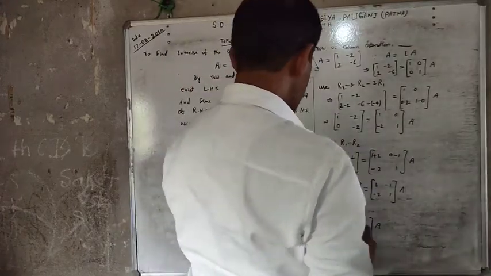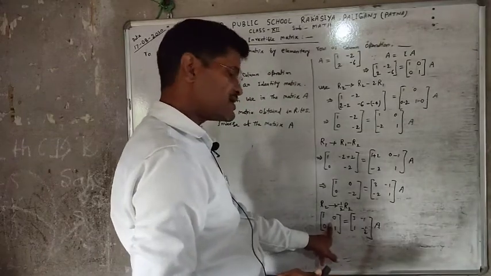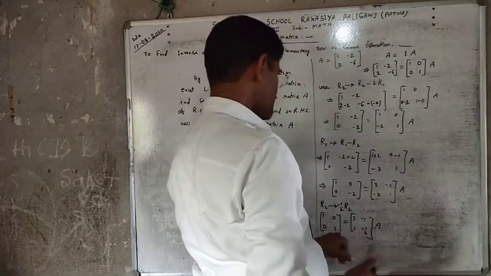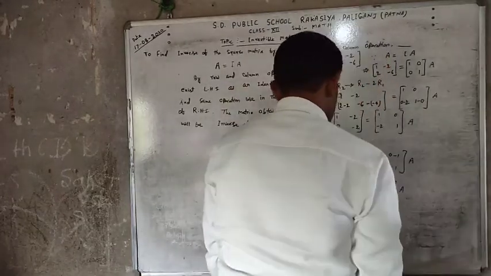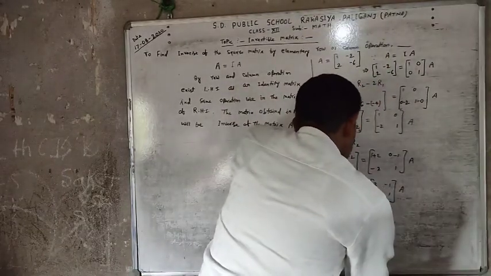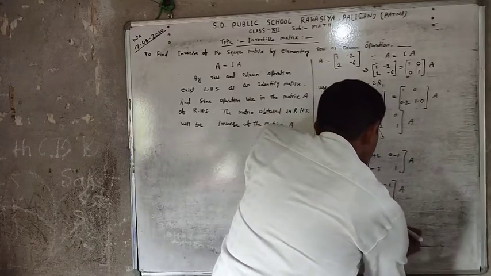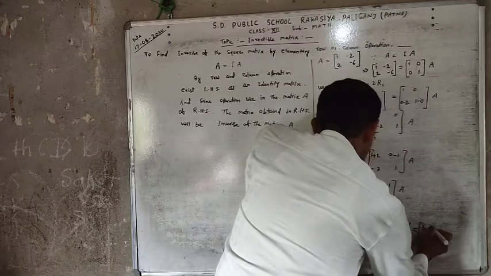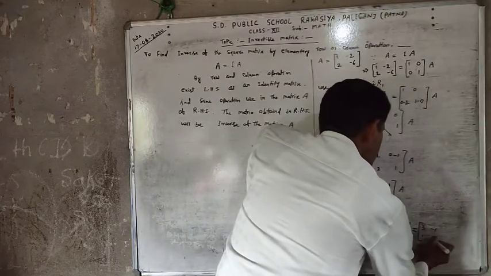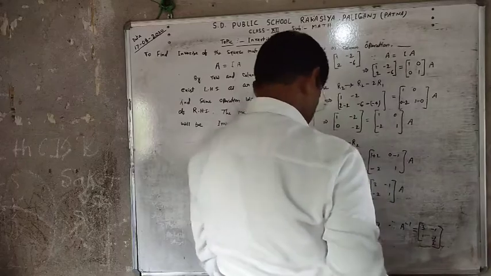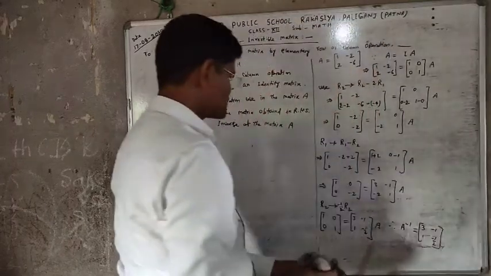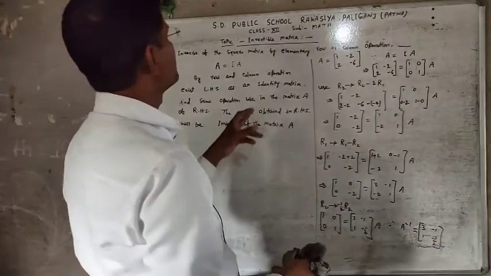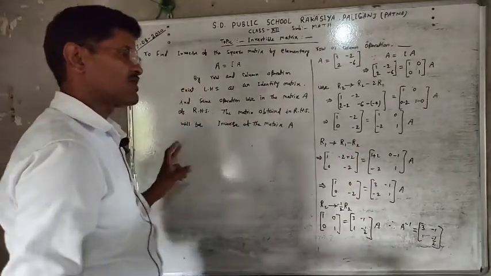The matrix in the LHS is an identity matrix, hence the matrix in the RHS will be equal to 3, minus 1 and 1, minus 1/2. Therefore, A inverse is equal to 3, minus 1, 1 and minus 1/2. Similarly, we can use the column operation to find the inverse of any square matrix.